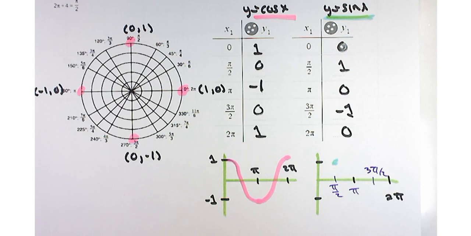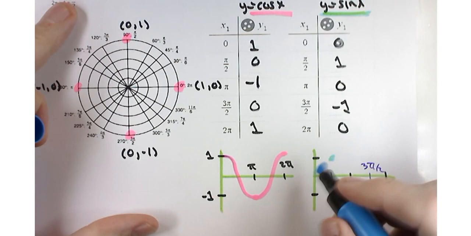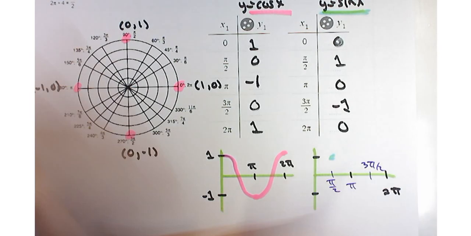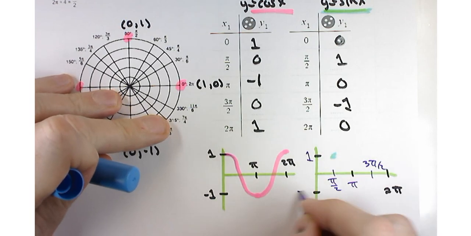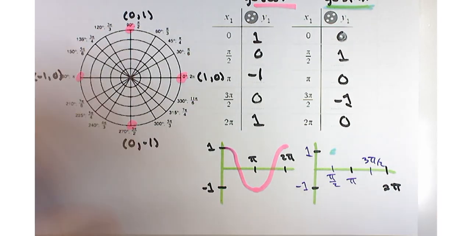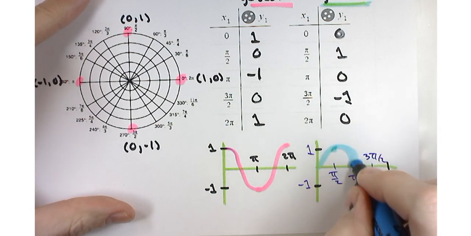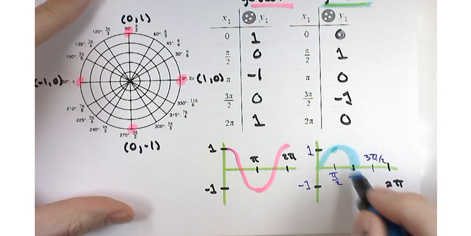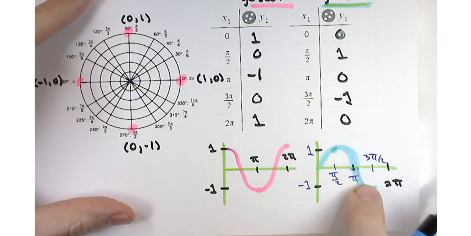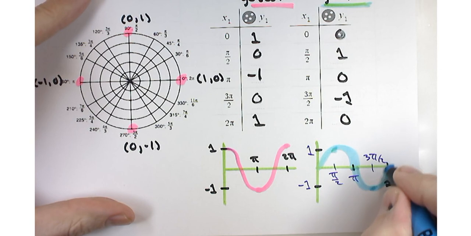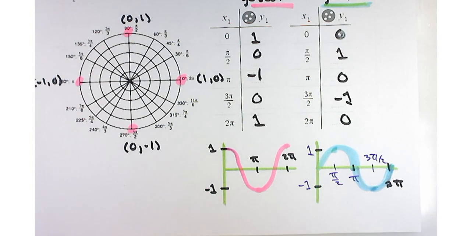So it's going to start out at 0, 0, build to a height of 1, and then back down to 0 again when we get to x equal pi, and then down to a minimum at 3 pi over 2 here, and then back up to 0 again. So there's your graph of the sine function.